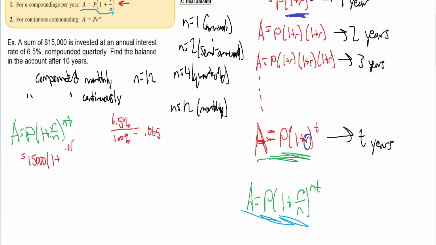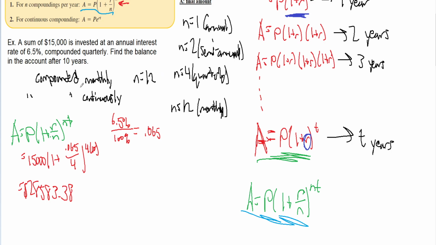So we have 0.065 divided by 4, because we're compounding quarterly, raised to 4 times 10, where the 10 comes from the 10 years. And when we throw that into a calculator, we end up with a money value of 28,583.38.